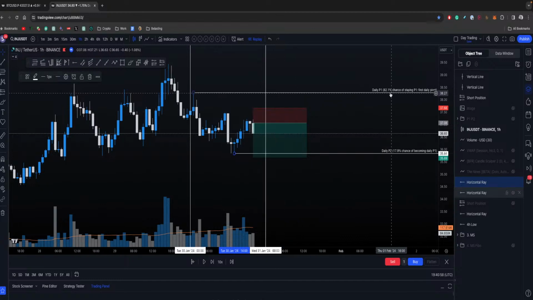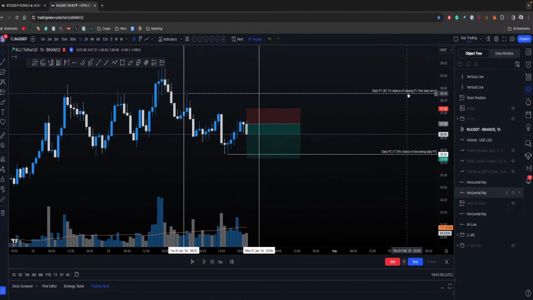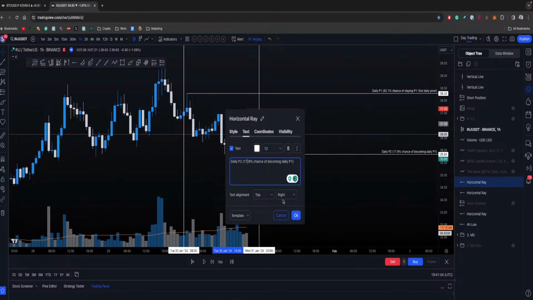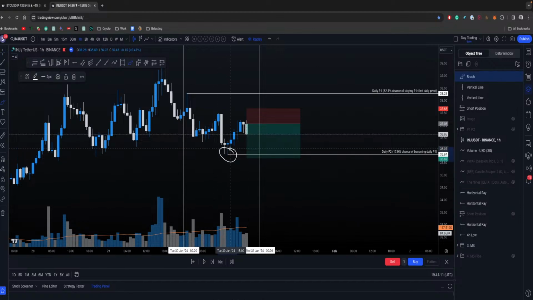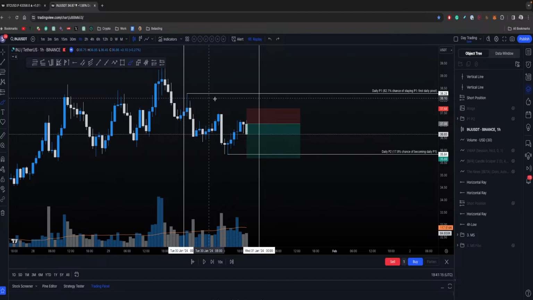This one has an 82.1% chance of staying P1, the first daily pivot. And this has a 17.9% chance of becoming daily P1. Because right now this is P2. Right now this is P1. This one either stays P1 or gets taken out. This one either stays P2, becomes P1, or gets taken out. So there's an extra option here for the second pivot.